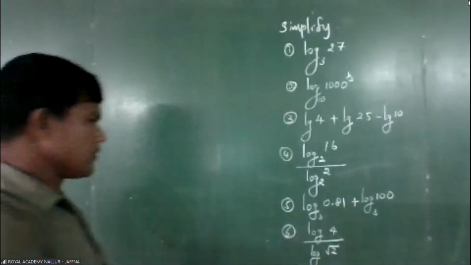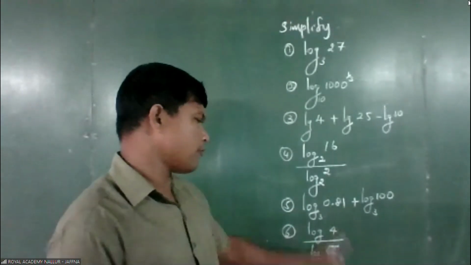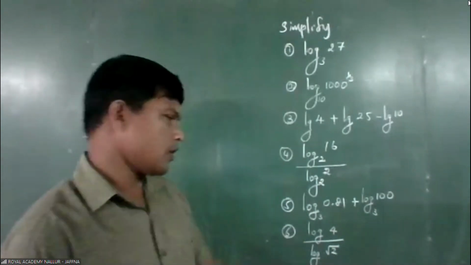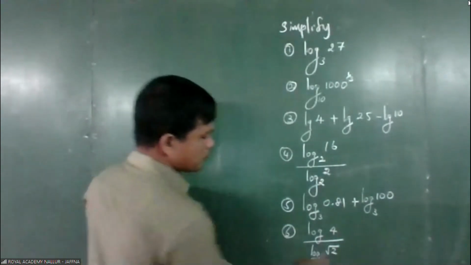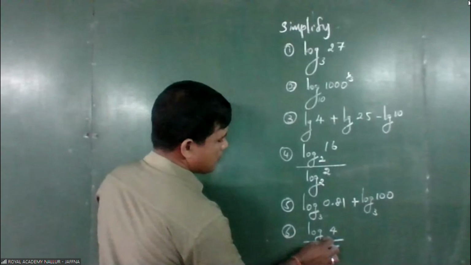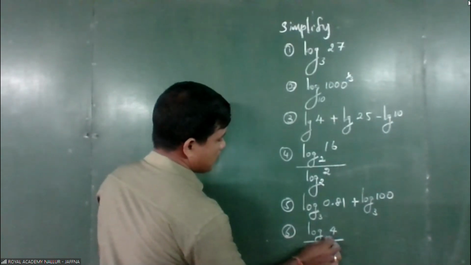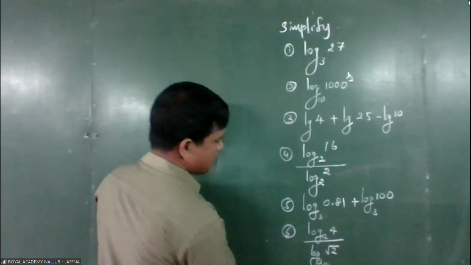Six questions given. Last, log 4 upon log square root of 2. Right? Yes, the base is a, a different base.